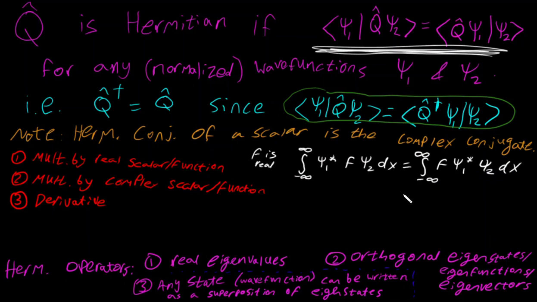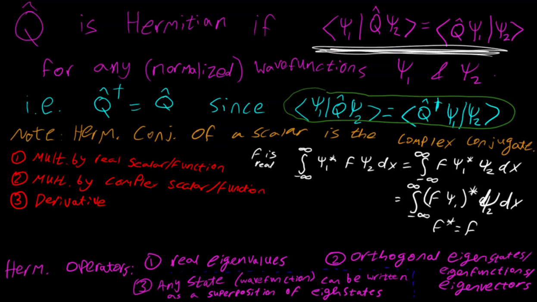And this happens to be the same thing as f psi 1 star times psi 2 dx. Why is this true? Because the complex conjugate distributes when you're multiplying, so this will be f star times psi 1 star, but f star equals f.